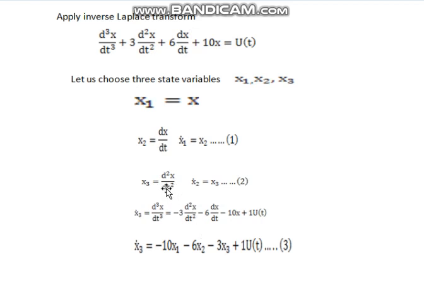Since d square x by dt square equals x3, dx by dt equals x2 and x equals x1, x3 bar equals minus 10x1 minus 6x2 minus 3x3 plus u of t.